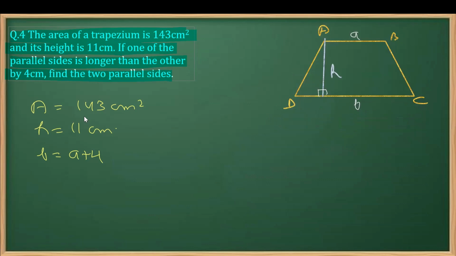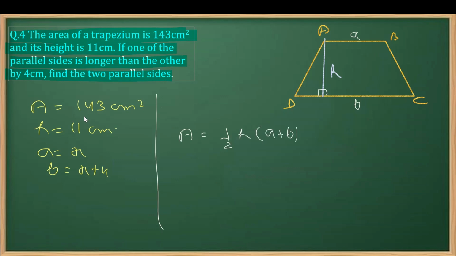So there is another alternate way you can apply. You can take one of the sides, say A, as x, then the longer side B will be x plus 4. Now what we are going to do is apply the formula for the area of a trapezium. We'll continue in the same manner. Area is half multiplied by h, multiplied by the sum of the parallel sides.